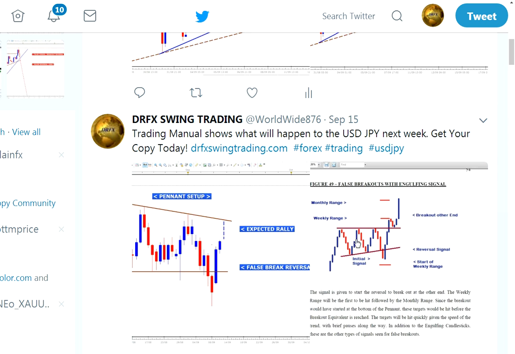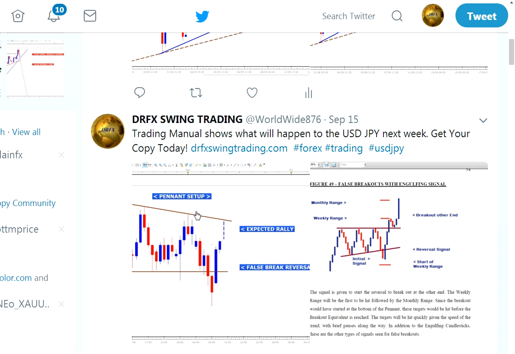So this was, as you can see here, the theory behind consolidation setups and false breakout reversals, where the market will give a signal indicating an attempt to start a movement in one direction and follow this up by a sharp and aggressive movement in the opposite direction that takes us back initially inside of the consolidation and then break out at the other end of the setup.